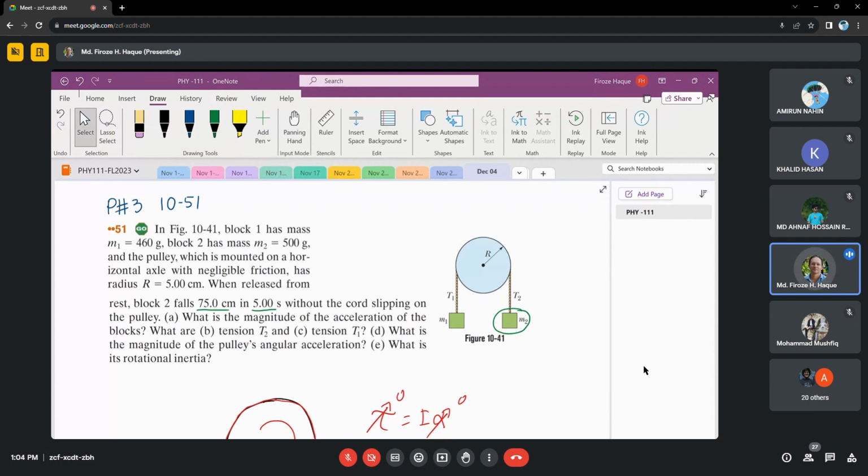So this we have done. This object is falling some distance, and how long it took, that is given. Is it possible to find out what its acceleration is? Yes. Are you listening? Where are you?